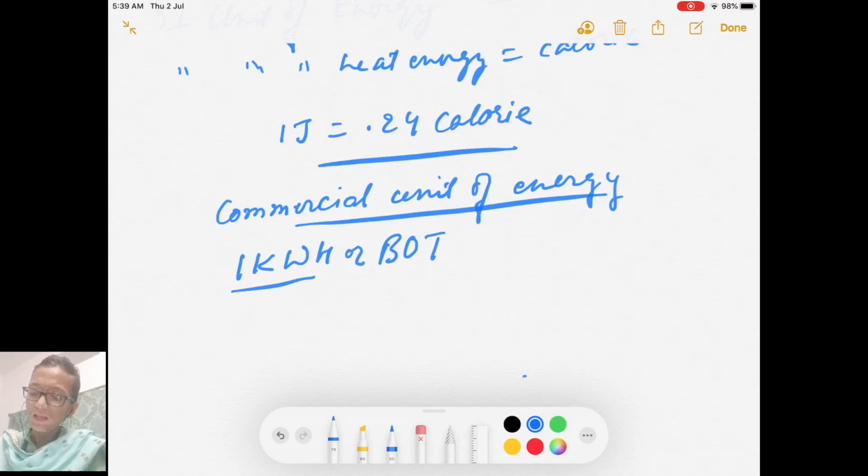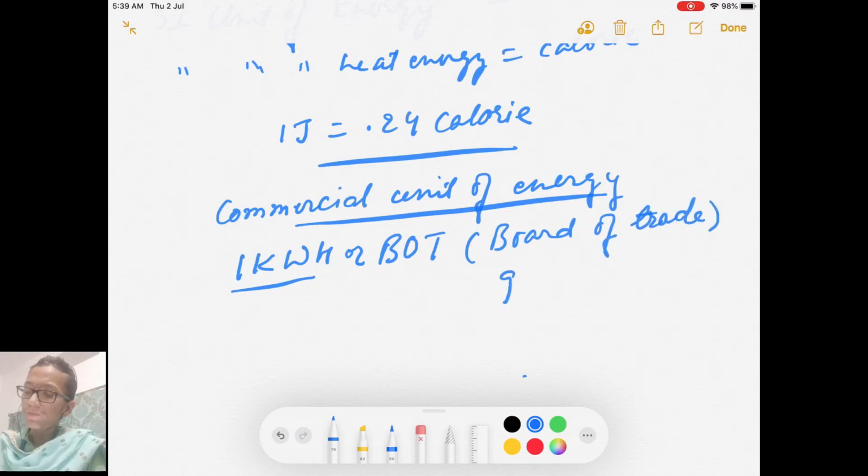Commercial unit of energy, either 1 kilowatt hour, or you can say BOT, meaning board of trade unit.